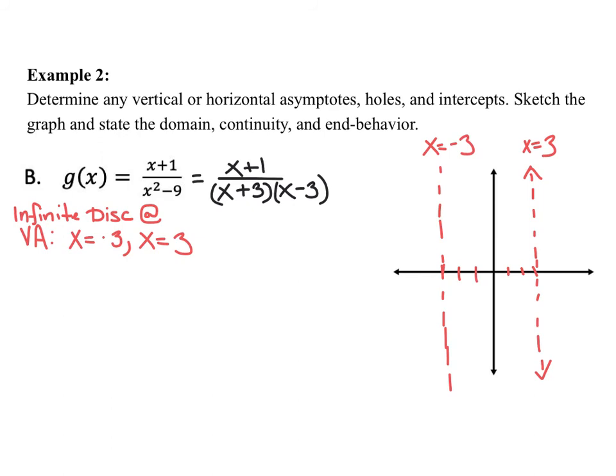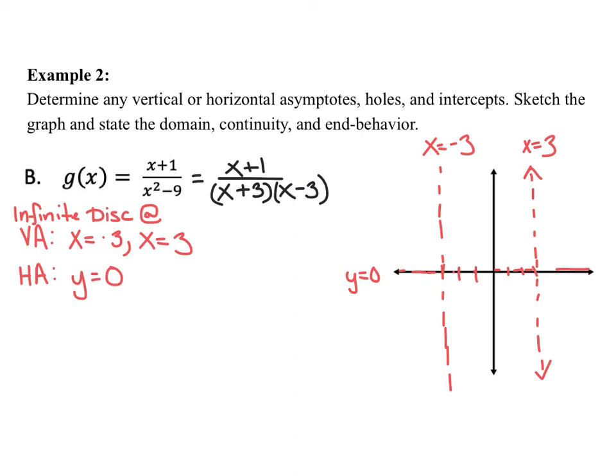Okay. Moving on to any possible horizontal asymptotes. Well, the degree in the denominator is greater, so we do have a horizontal asymptote, and this is the scenario where it's at y equals 0. So it's on top of the x-axis.